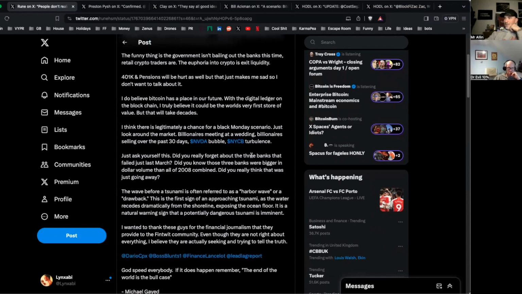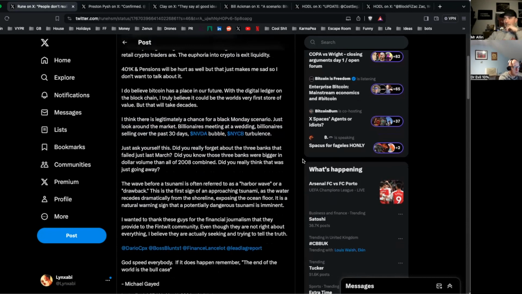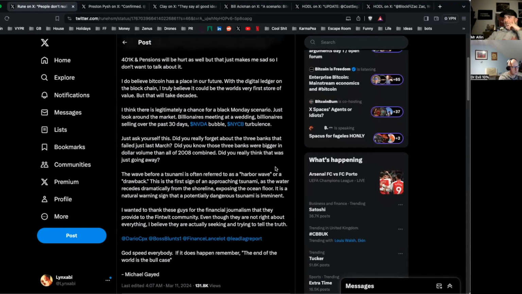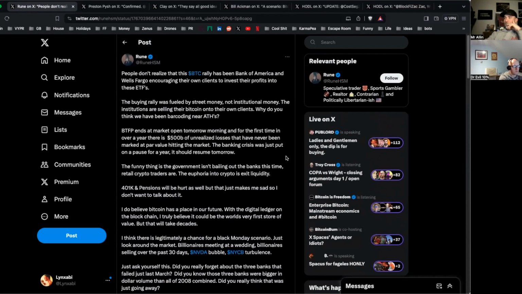We've got Nvidia and the New York Stock Exchange in general pumping hugely, but then we've got some billionaires supposedly selling recently. We've got 3 big banks that failed just last March, and he's suggesting that people are using the euphoria in crypto as exit liquidity.